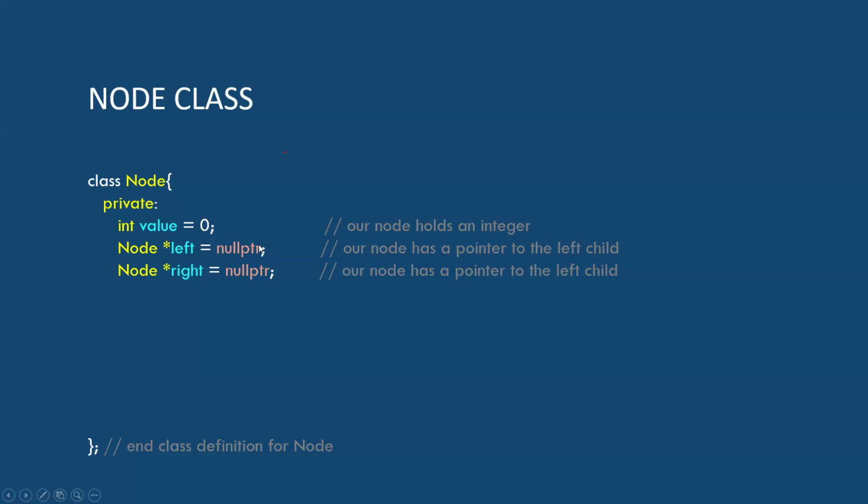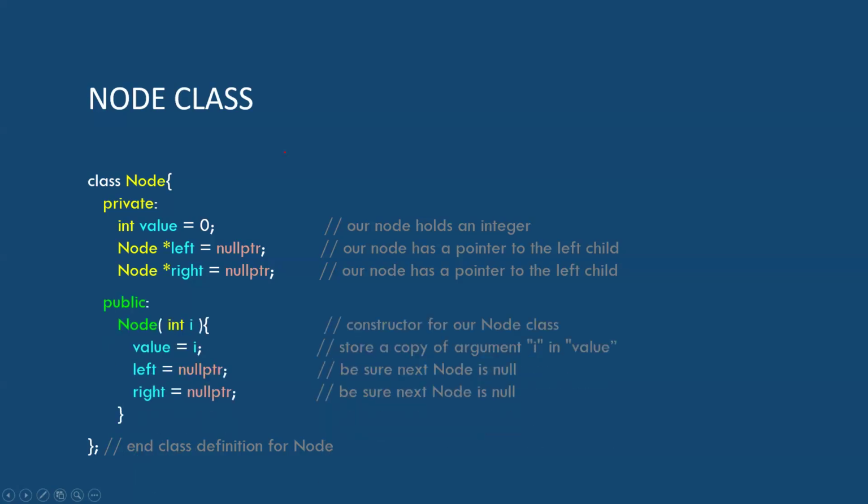So we initialize that to null. And then our constructor, anytime we create a new one, somebody gives us an integer value. In our case, we're going to have integer nodes here. We put it in the value member, and then we could probably leave this out, but I do it again just to remind us that we want to make sure those children are null for that particular node, and we're off and running.